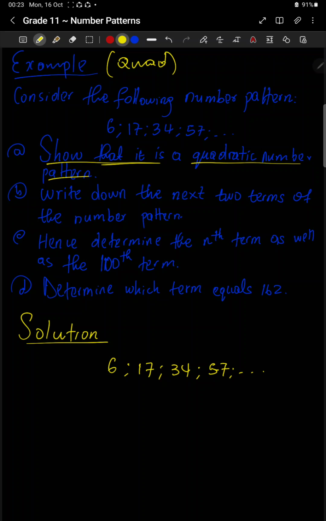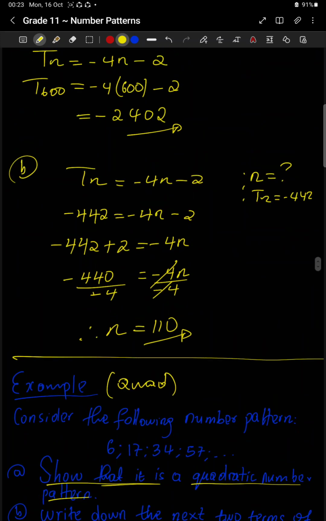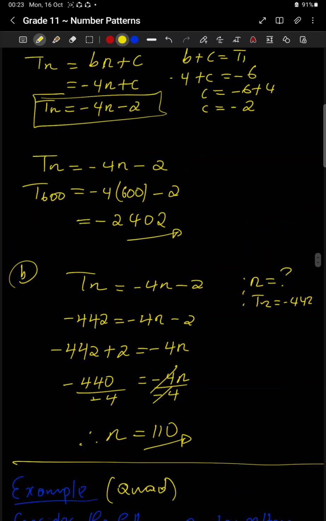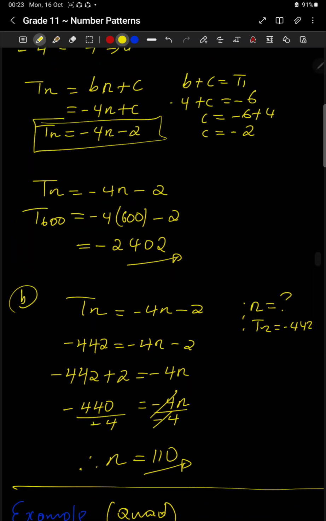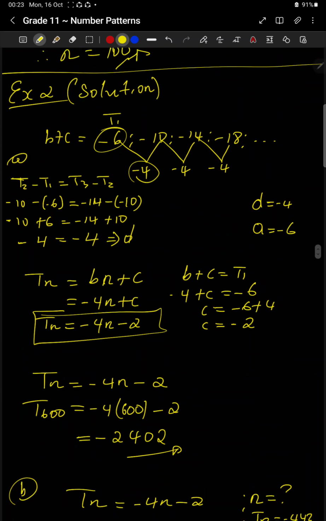Now, if it is a quadratic number pattern, you remember what we've just done here. It is a linear. So how do we see it is a linear? A linear has the first difference common, which is the same. That is why we're saying it is a linear.